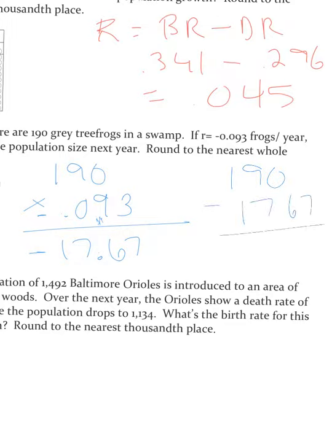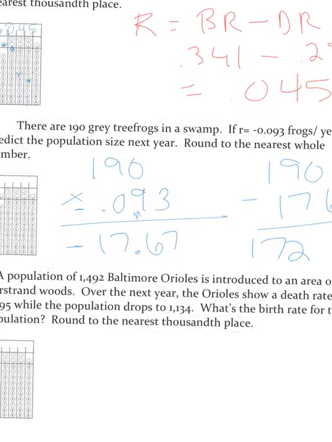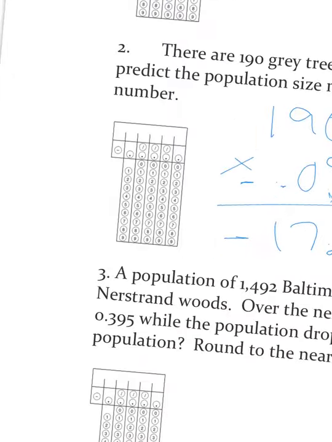And so you would round and you would get 172 frogs. And then you would bubble that in and you don't need the points, you can just start on the far left and then you would bubble in 172. And that would be it.